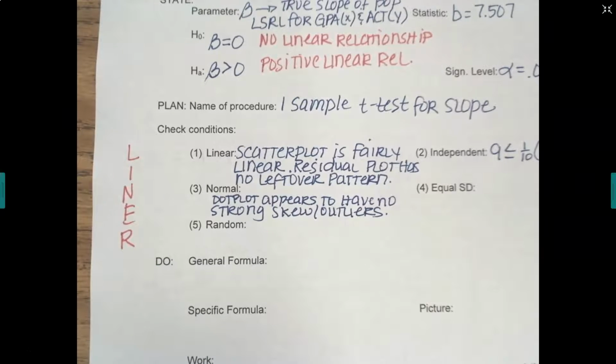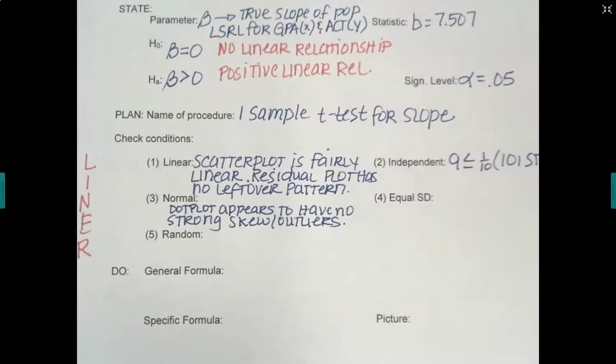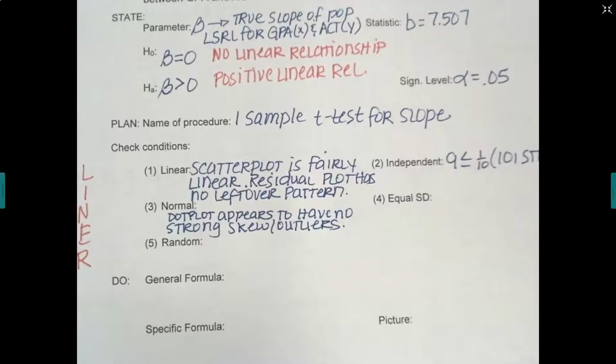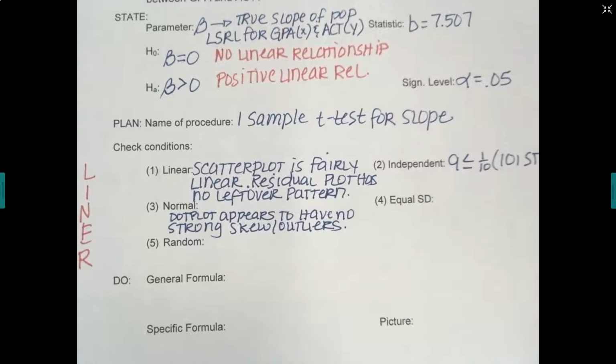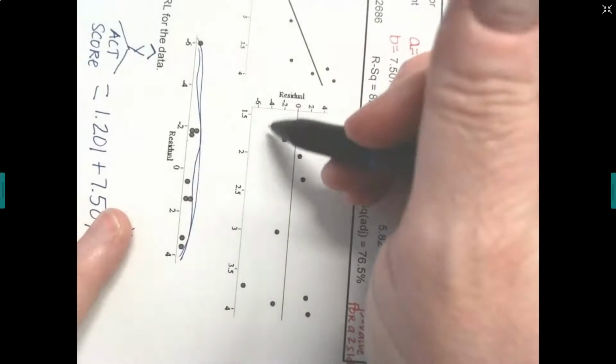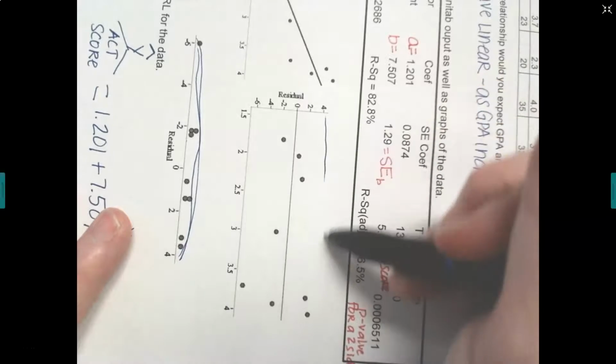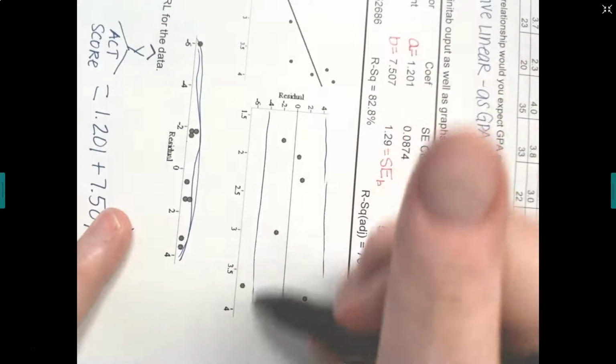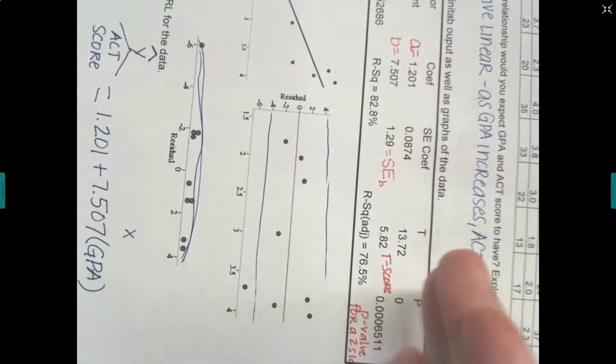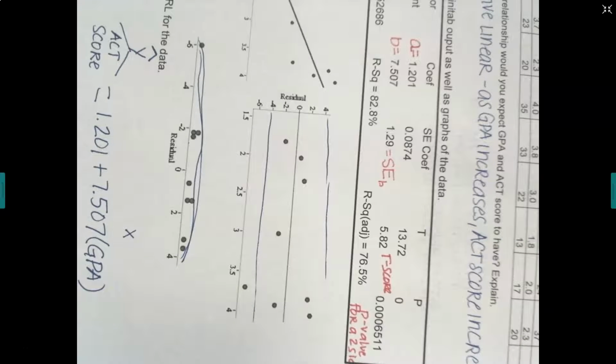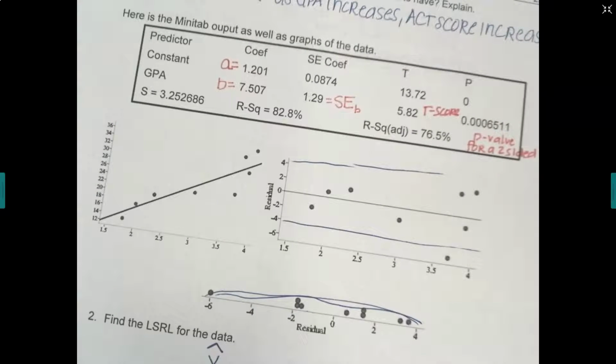Okay. Then the next one, equal standard deviation. Remember, is your residual plot about equal from the x-axis. You don't have a pattern similar to a Christmas tree where you're back and forth if you looked at it sideways. So looking at a residual plot, let's kind of look at it this way. So really, between -4 and +4, most of the dots are in this area. We have a pretty equal standard deviation of these residuals from the x-axis.